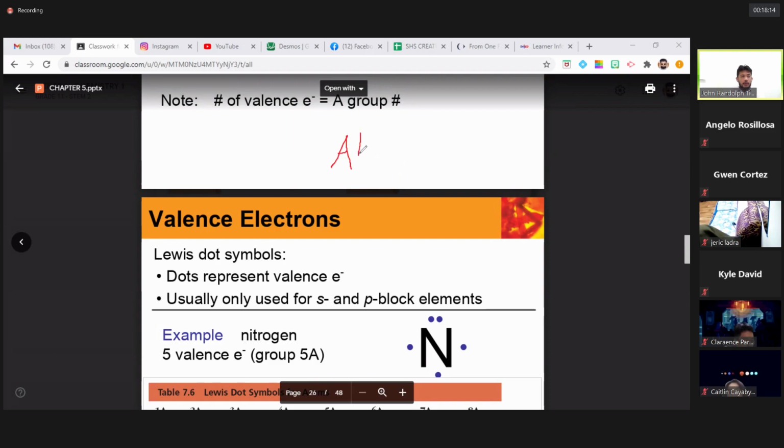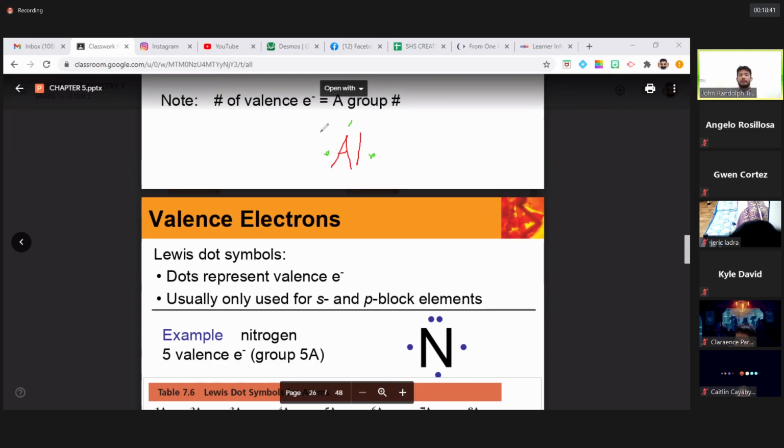When you have aluminum, how are you going to write the Lewis dot symbol? 3: 1, 2, okay, 3. It can go there, or here at the bottom. You don't need to complete it because it's less than 4. That's 3.